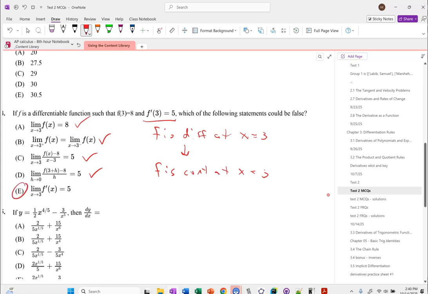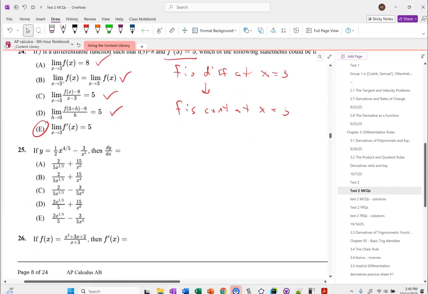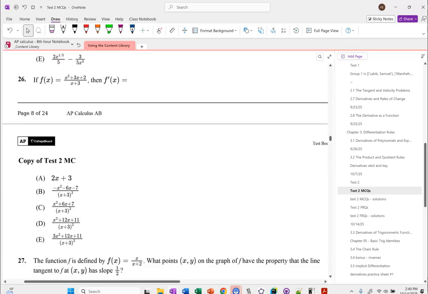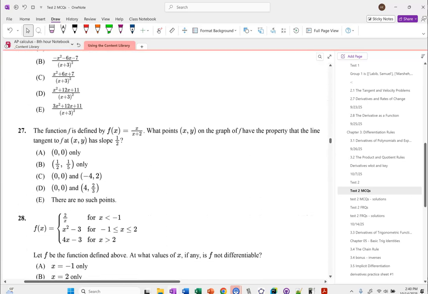Process of elimination says E has to be the answer. Everybody okay? That stuff's fairly straightforward.